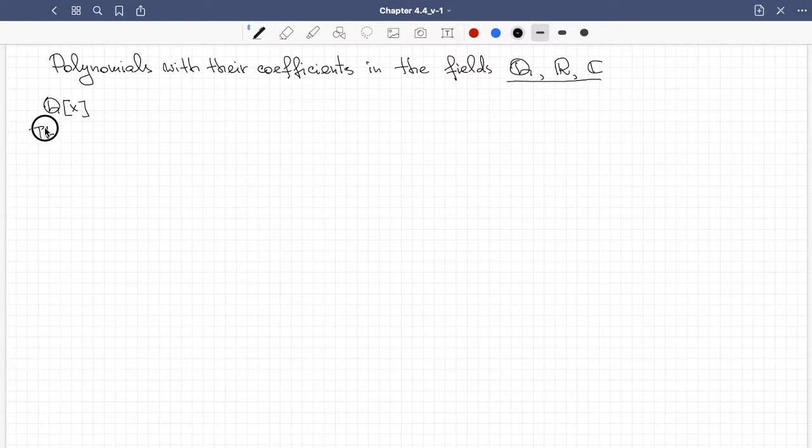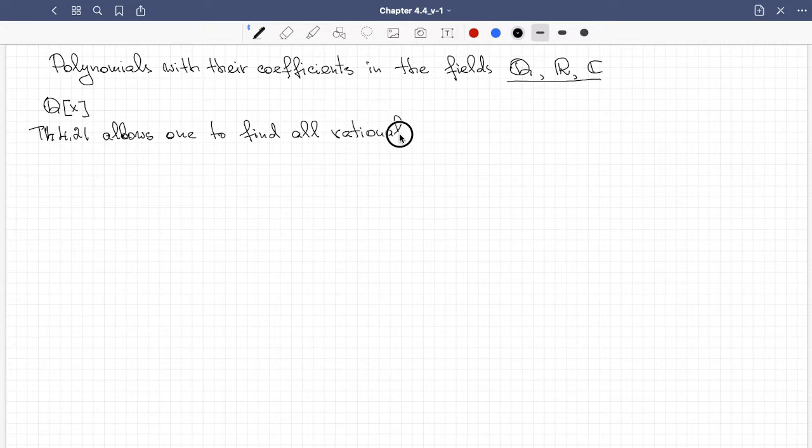Theorem 4.21 in the book allows one to find all rational roots of a polynomial with rational coefficients.